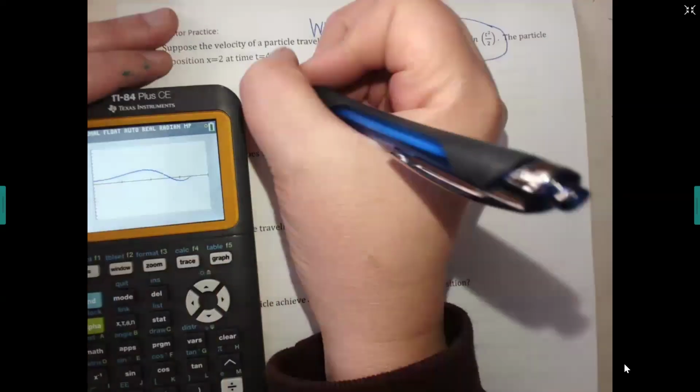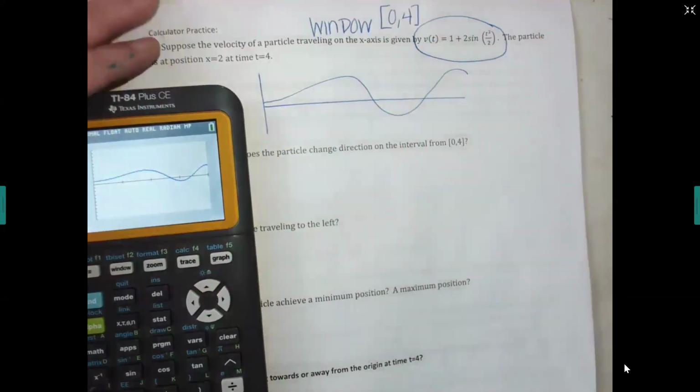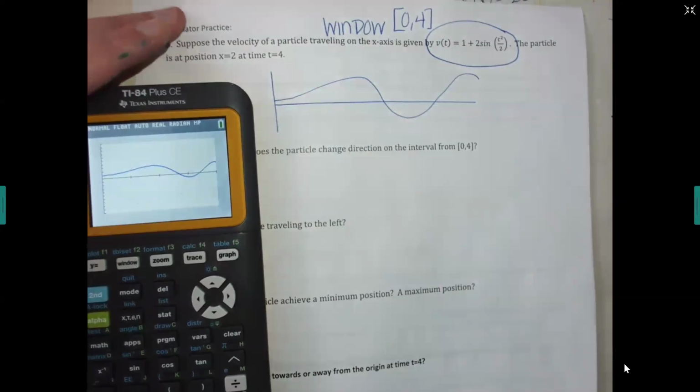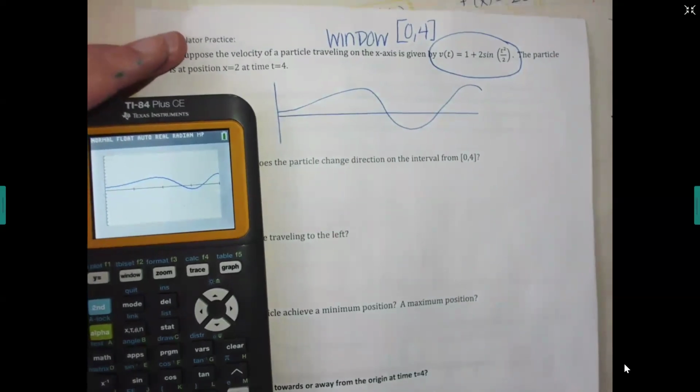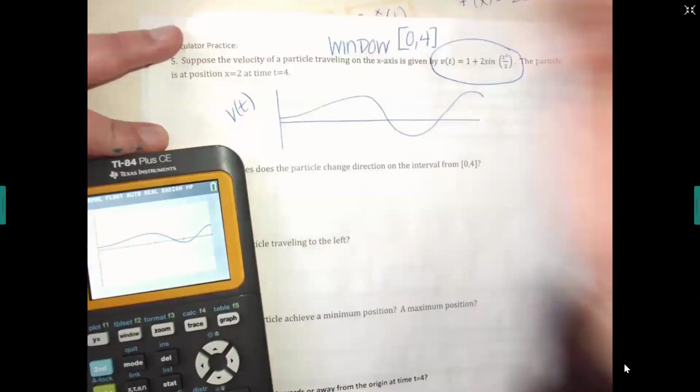Okay, then sketch that onto your sheet here. So it goes here, like that. Question. What equation did you put in your calculator? Is it a position, a velocity, or an acceleration? V of t means that this is a velocity graph.